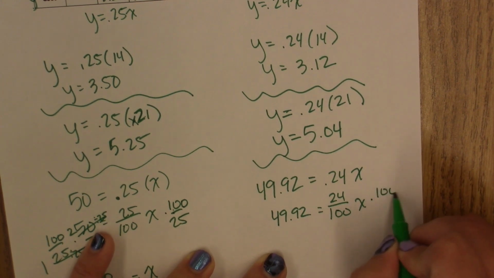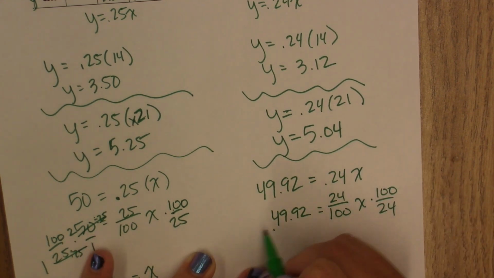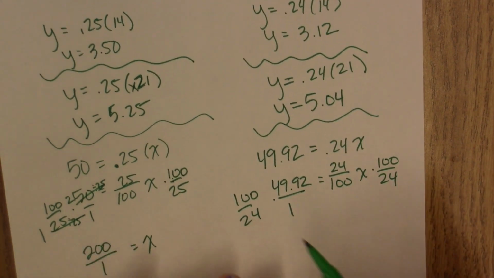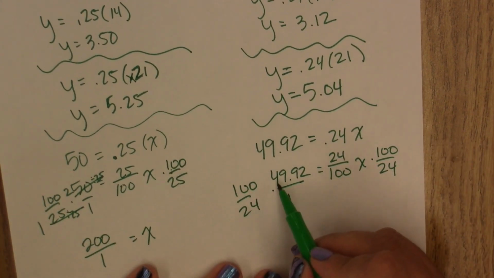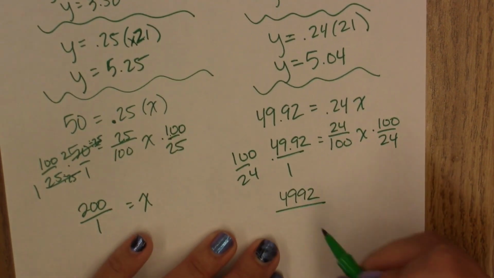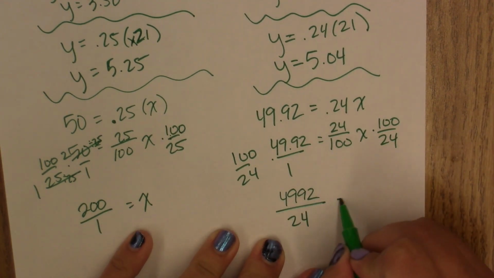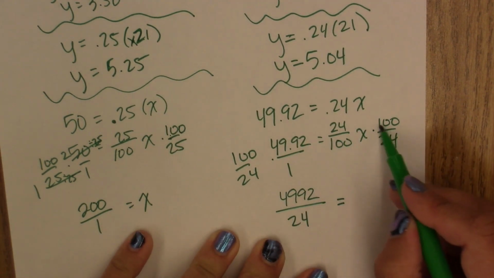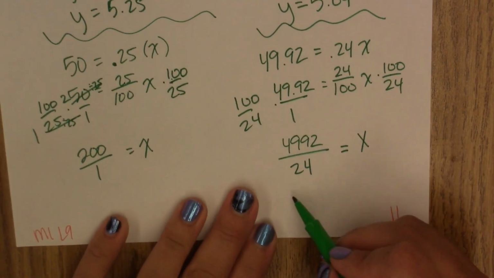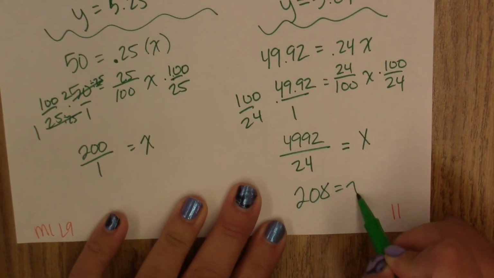And then I'm going to multiply by the reciprocal. Okay, when I multiply 100 times 49.92, I get 4,992 over 24 equals, and these become a 1. And when I divide this out, I get 208.